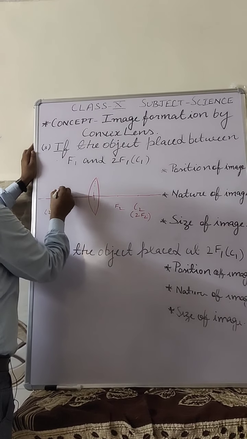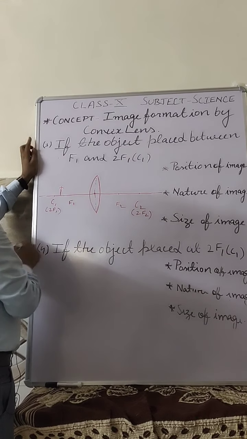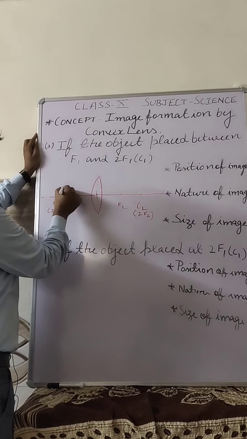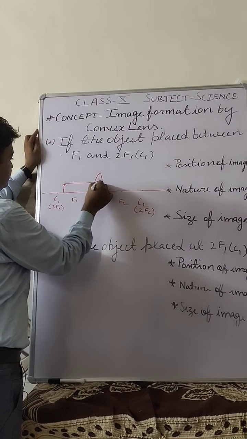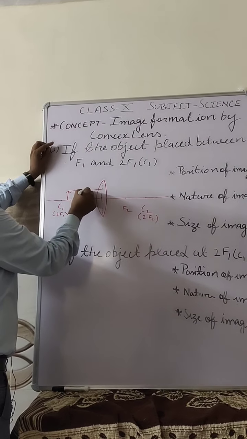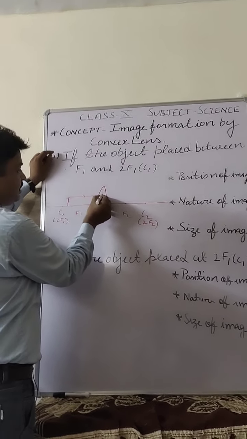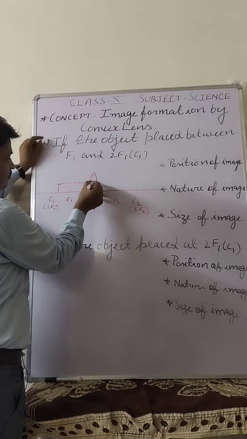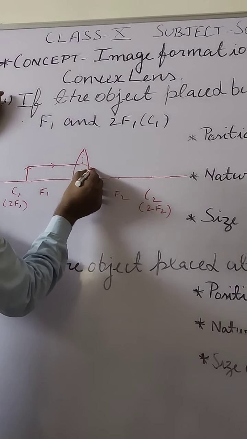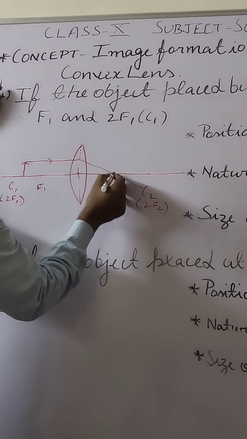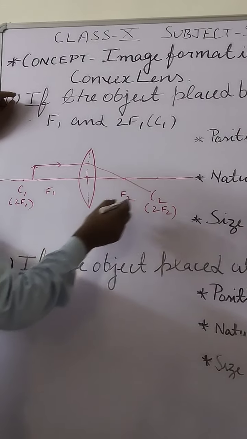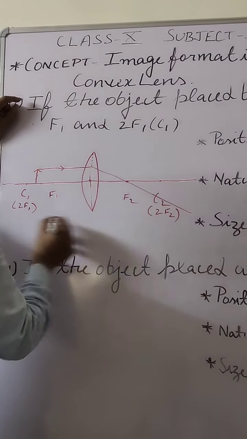Now you will draw the incident ray in this. This ray will be refracted from here, from this aperture, from F2, and it will pass here.